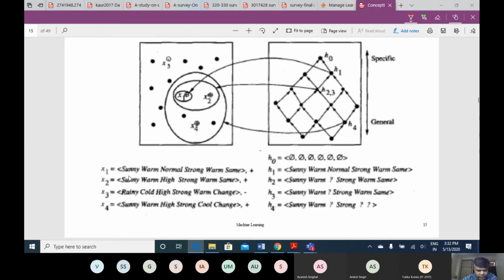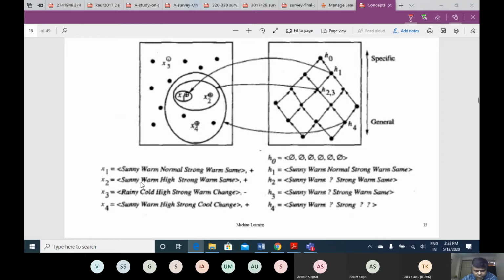So how do we change it? Let us see. Initially we found an example where for sky sunny, warm, normal, strong, warm, same, the enjoy sport value was positive, and we included that particular example in this hypothesis.